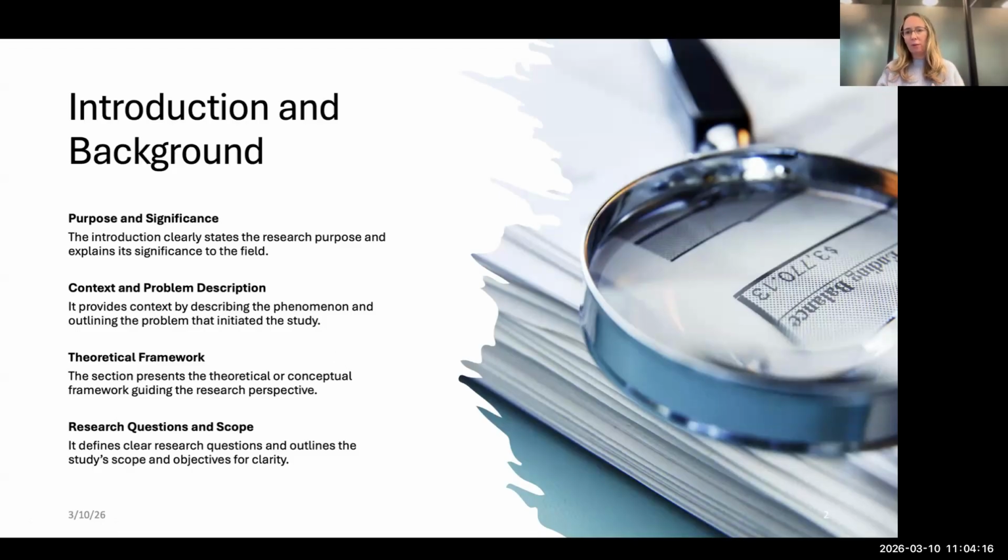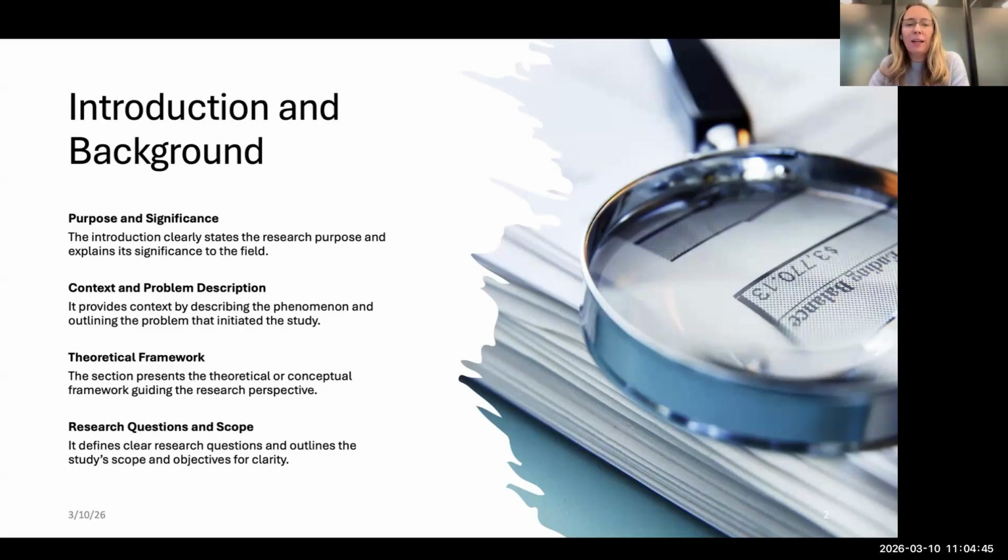But I wanted to dive in with just talking about the structure of presenting a publishable qualitative study. And I would say that the information in the background is very, very similar to what you would find in a quantitative research paper, really making sure that you've got your purpose and significance, the context of the problem that you have, a clear description of the problem that is leading to your study.